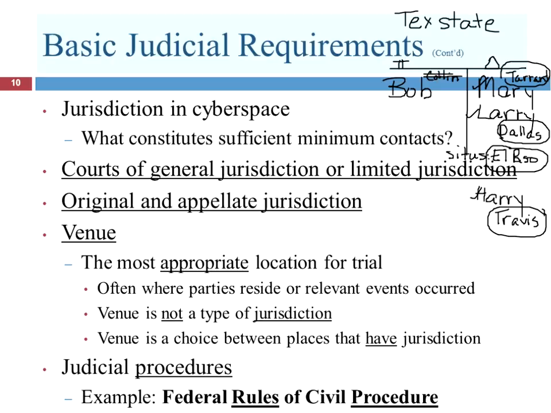So sometimes even if none of the events in the lawsuit necessarily happened in the valley, if there is a basis for venue to exist, say one of the defendants was from Brownsville or something along those lines, then the plaintiff might choose to file there simply because he thinks that the juries in that jurisdiction might be more sympathetic to his plaintiff's case. So venue is where the most appropriate place for a trial is.